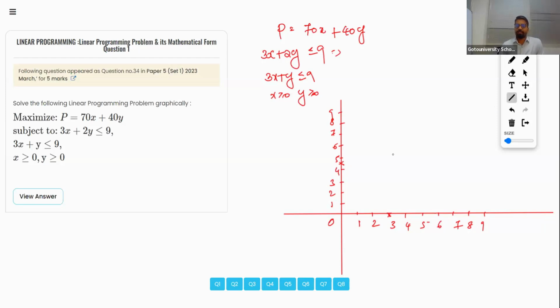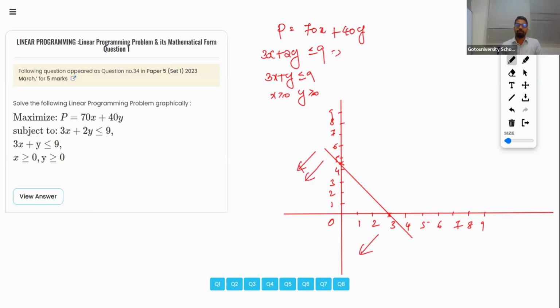So this is one of our equations. I'm just trying to roughly draw this graph. Now it is a less than or equal to symbol. As it is less than or equal to, I know the origin is a part of the solution, so my solution will be on this side. Clearly it is on this side.